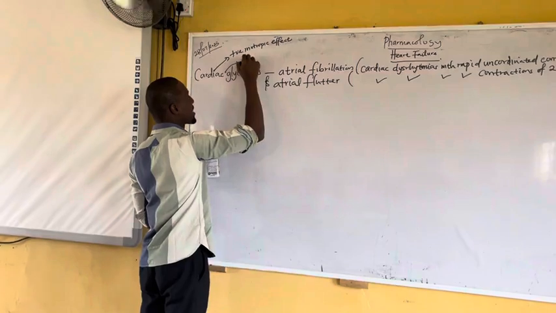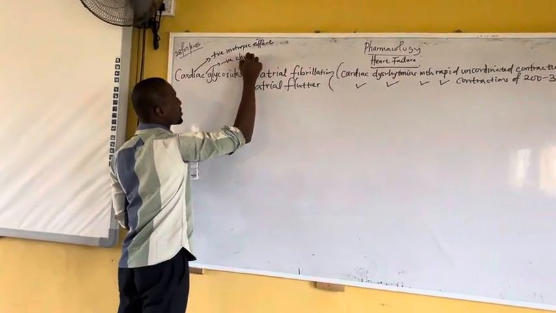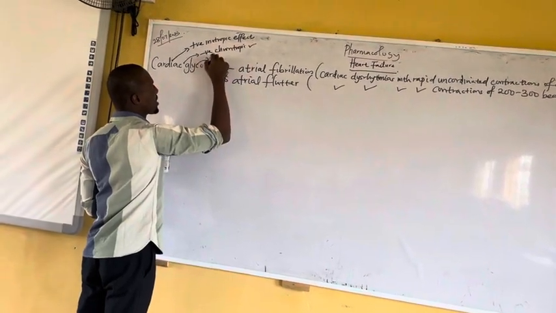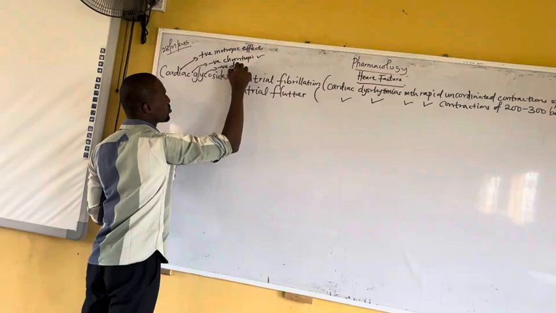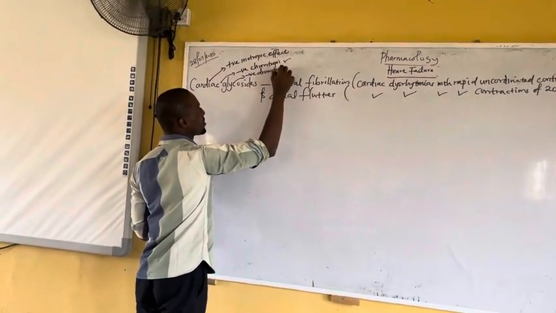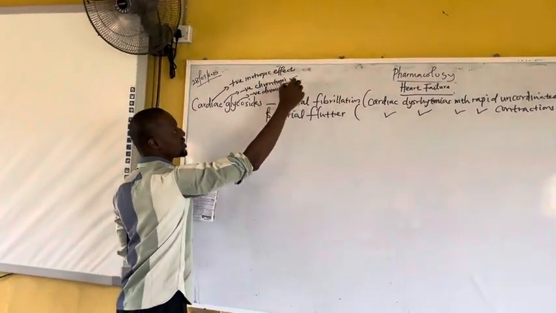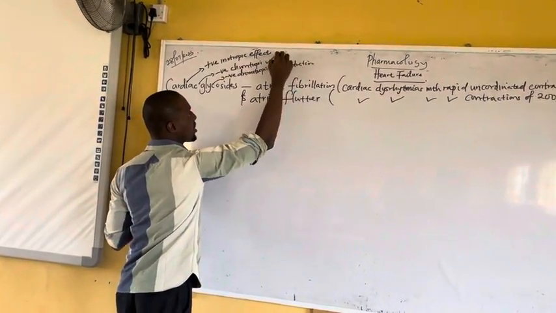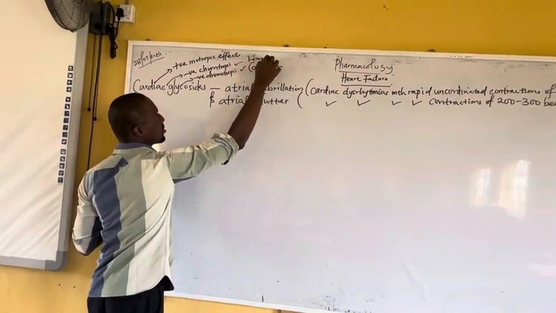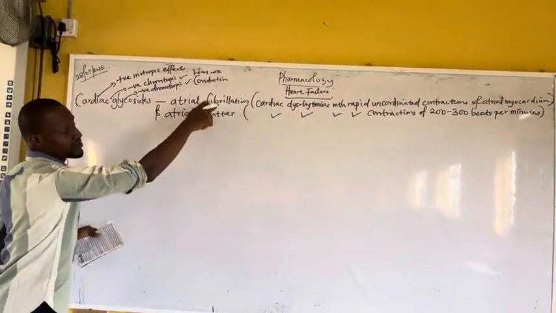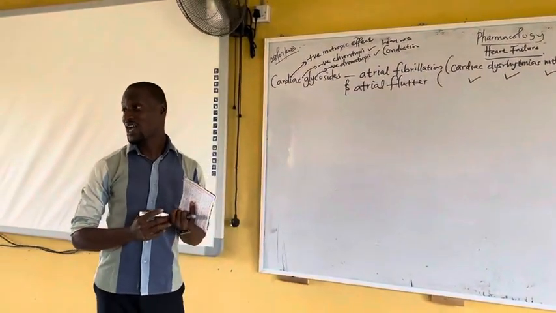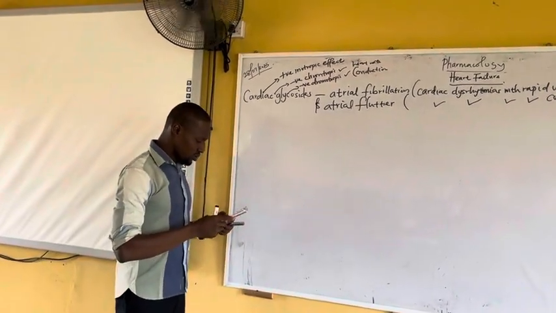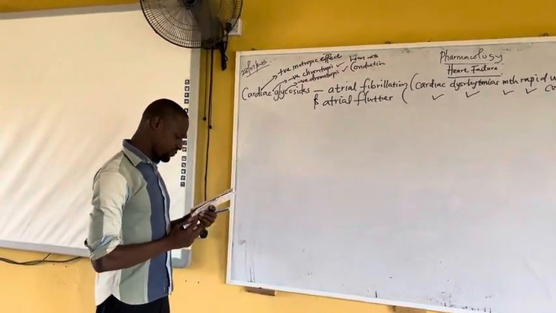The negative chronotropic effect relates to heart rate, and the negative dromotropic effect is a decrease in conduction. These are some of the problems that cardiac glycosides will correct. Okay, moving on from that.